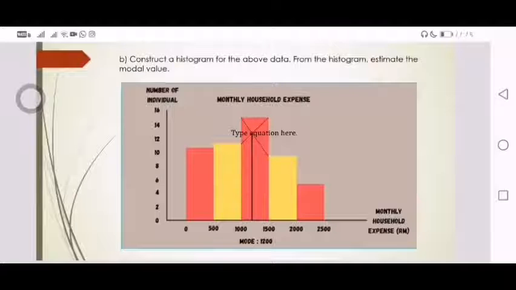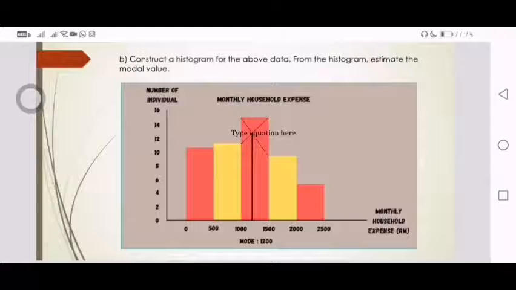However, for 1500 to 2000, there are only about 9 individuals, and the 2000 to 2500 expenses is around 5 individuals only.